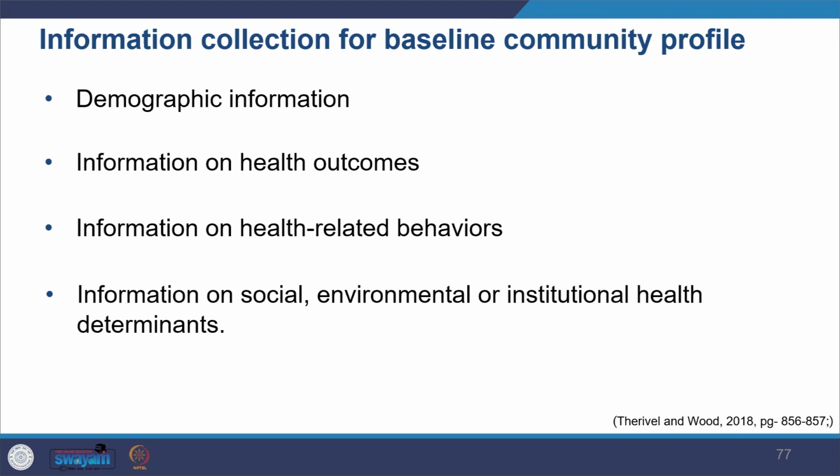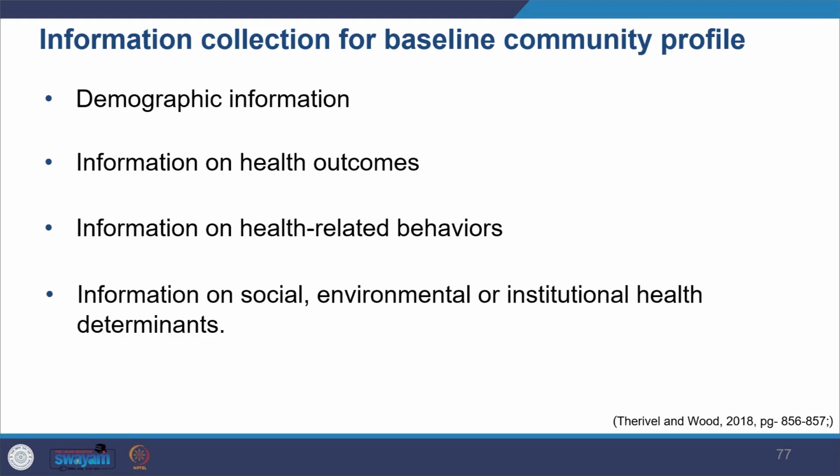For this purpose, the kind of information you need is demographic information, like what's the population size, how is the age distribution, how is the gender distribution. And then you look at information on the health outcomes, like what's the life expectancy, rates of specific disease, rate of injury, and so on.